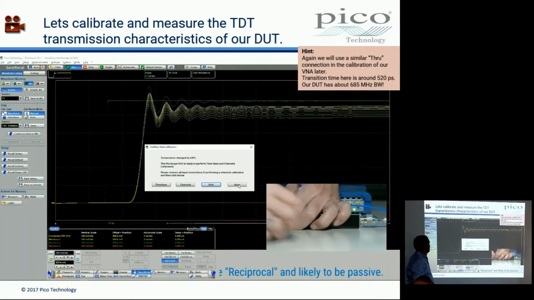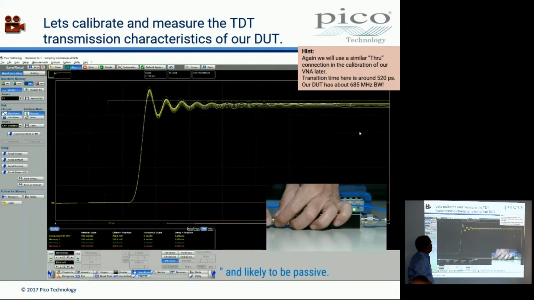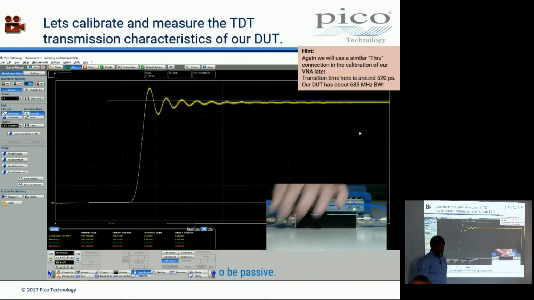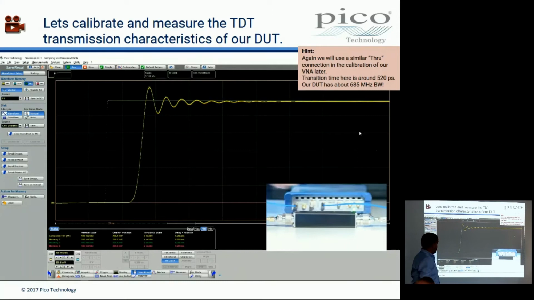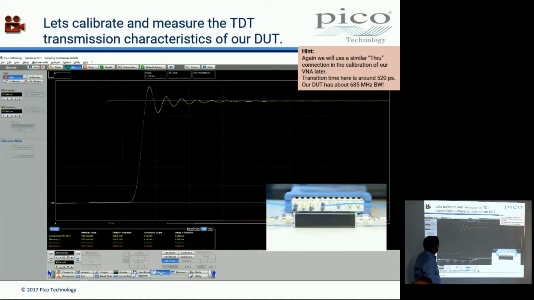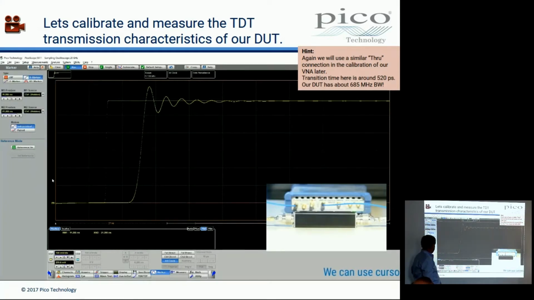Thank you, Pico sample, go away. Okay, now that is exactly the same. So this device really is, to a very high frequency, reciprocal. The response is exactly the same in both directions. I'm just going to measure that, use the cursors, and we'll see it's 2 nanoseconds.